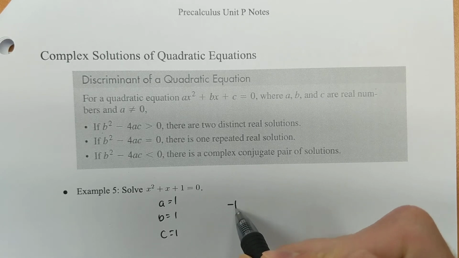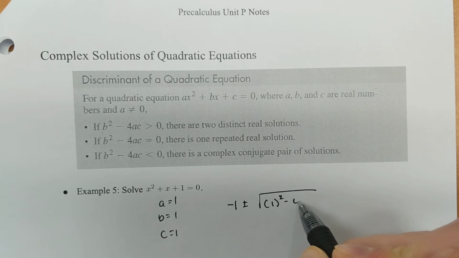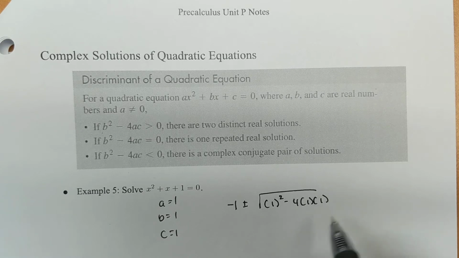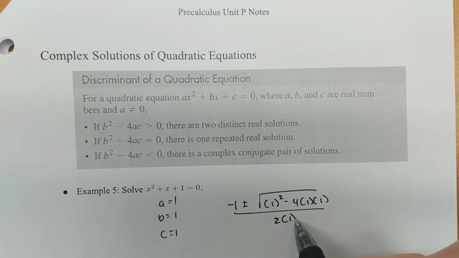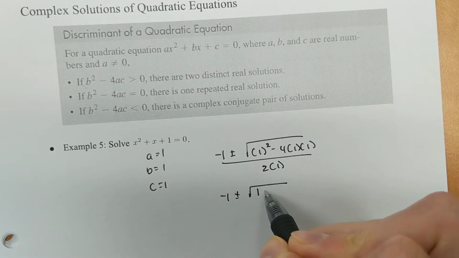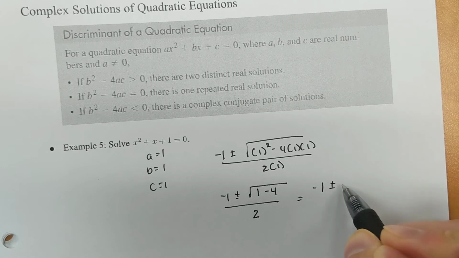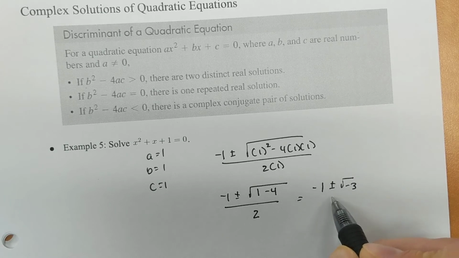So the quadratic formula is negative b plus or minus the square root of b squared minus 4ac, all over 2a. So that's negative 1 plus or minus the square root of 1 minus 4, over 2. Negative 1 plus or minus the square root of negative 3, over 2.